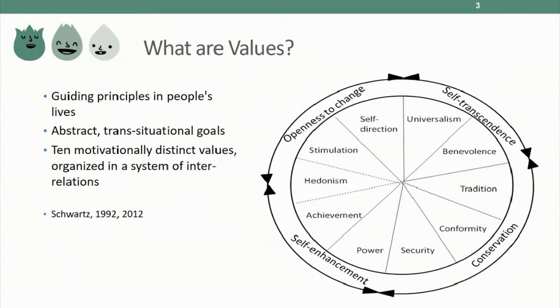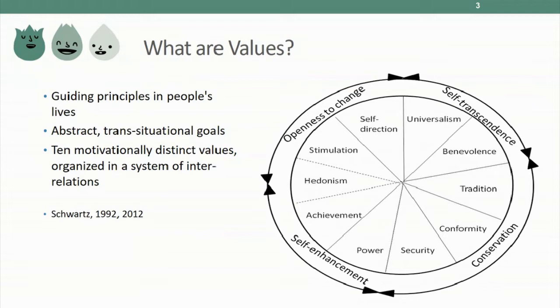So as most of you hopefully know very well, values are guiding principles. They are very abstract goals that describe the end states we try to pursue throughout our lives. And these values help us determine behaviors, attitudes, evaluations of people, of other behaviors.